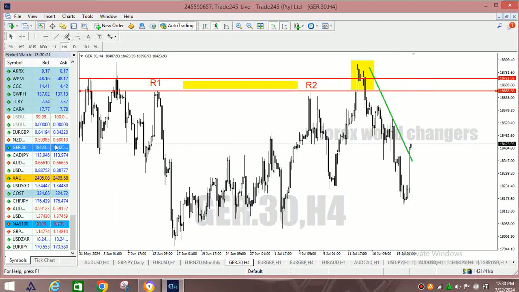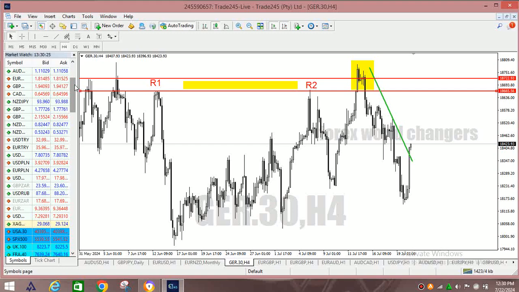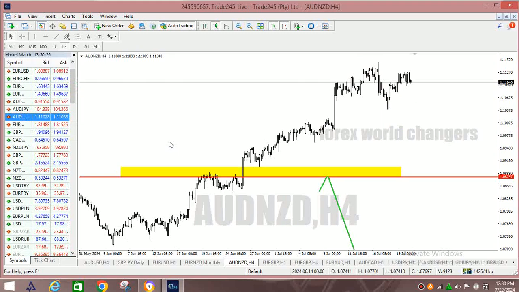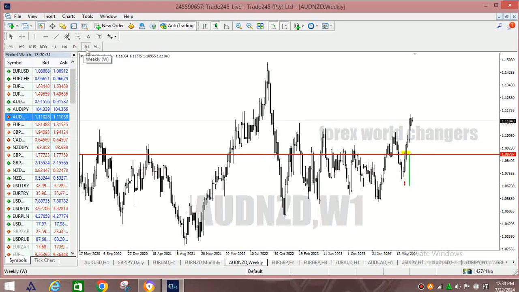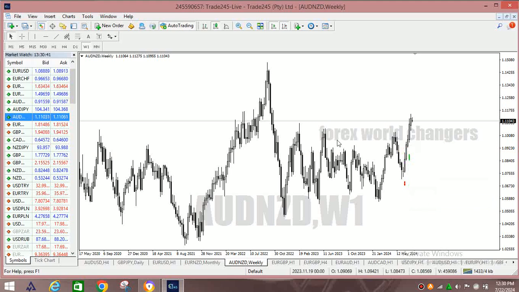So let me show you something. There's a Quasimodo that I saw. I think it's the AUDNZD, yeah, I think it was on the weekly. You see this one hasn't occurred, but this is going to be a setup in the future for people who do swing trading. This exact Quasimodo, you see the exact same point.